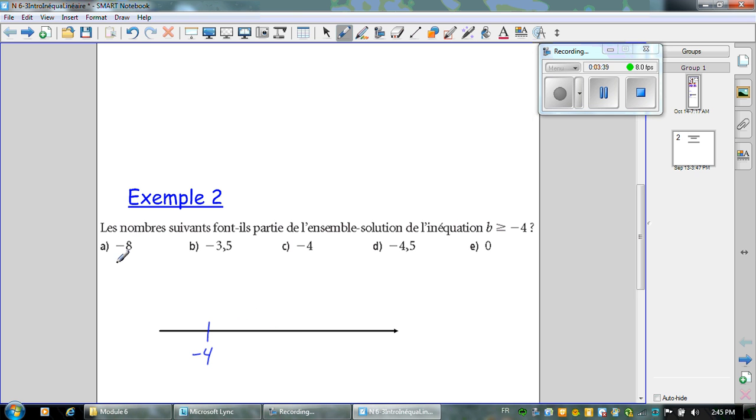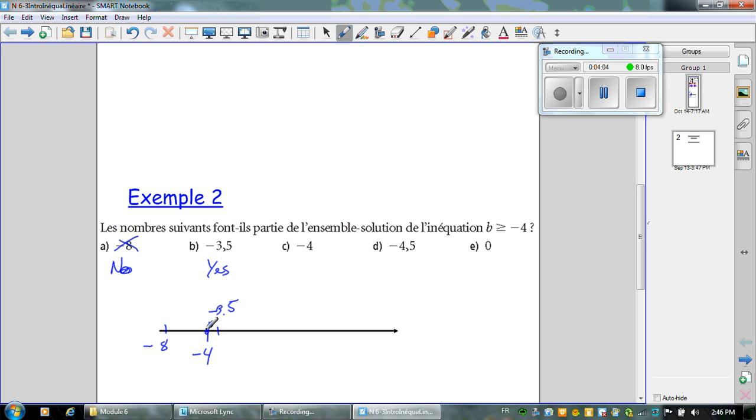Negative 8 would be on the left side, so no. Negative 3.5 would be around here, so yes.